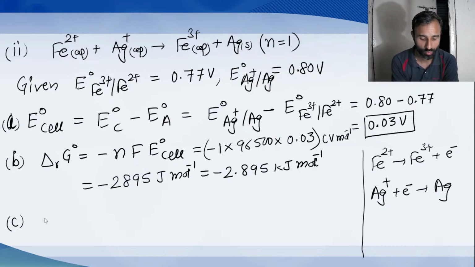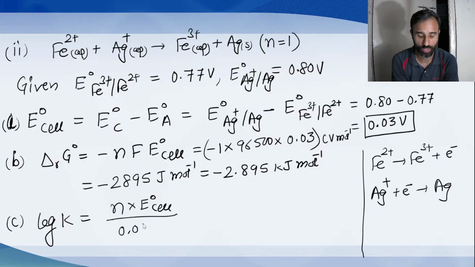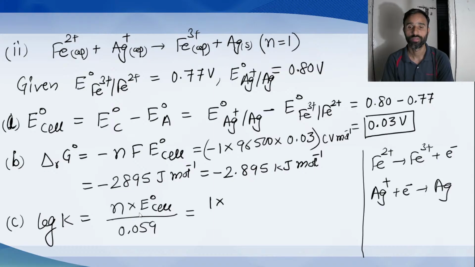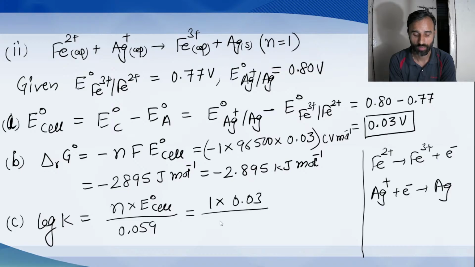Okay, now in this case, again log K is equal to N into E naught cell divided by 0.059. Here N is 1, and what is E naught cell? E naught cell is 0.03, so the value comes out to be 0.03 divided by 0.059, which is 0.5085.